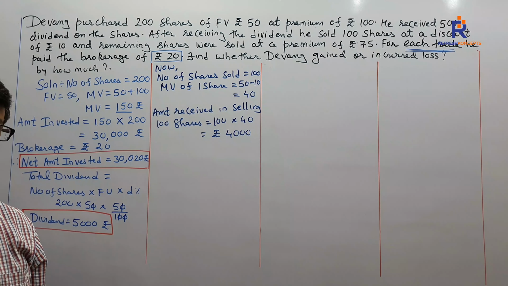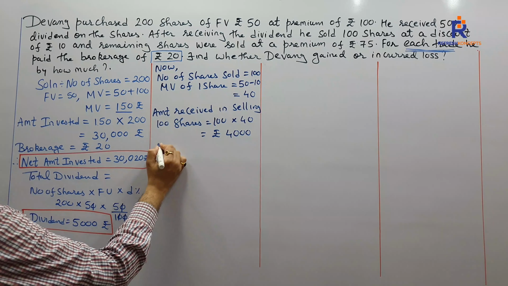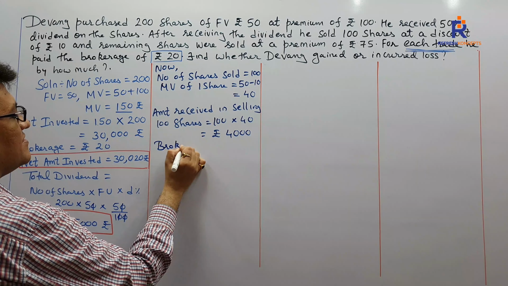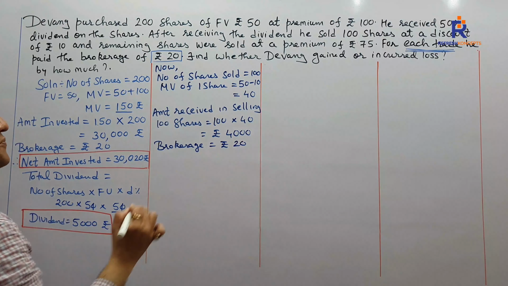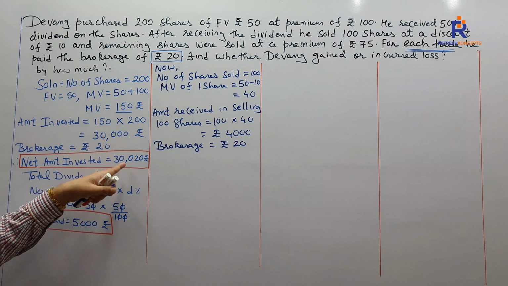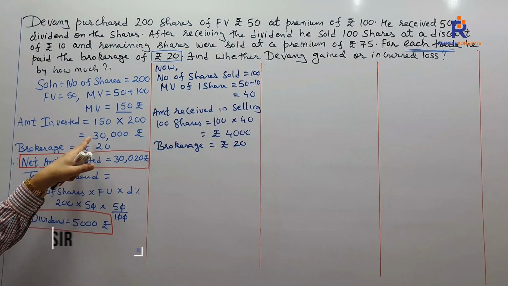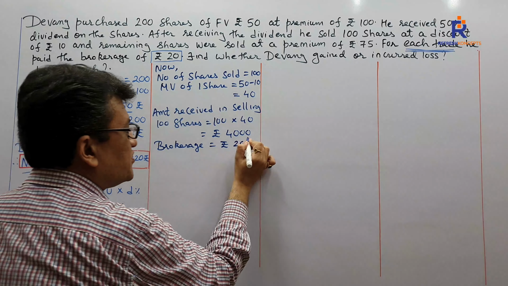Sold, trade exists. Brokerage, rupees 20. Children, this time he is not purchasing. This time he is selling. On purchasing, we add brokerage. On selling, we will subtract brokerage.